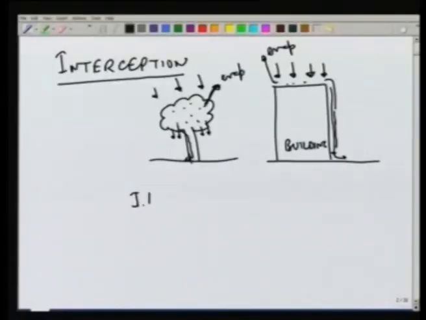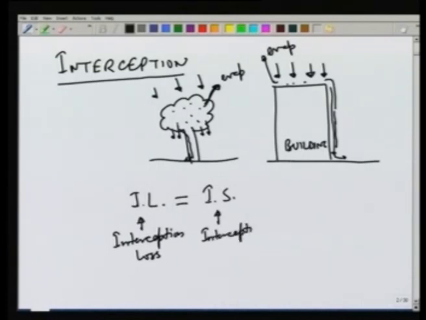But when the intensity becomes large, then there is only a limited capacity of the rooftop or the tree leaves to store water, and what we do is write the interception loss equal to some storage initial value S_i which can be stored on the rooftop or the tree leaves, plus some factor K, E and T, where E is the evaporation rate and T is the duration of rainfall.